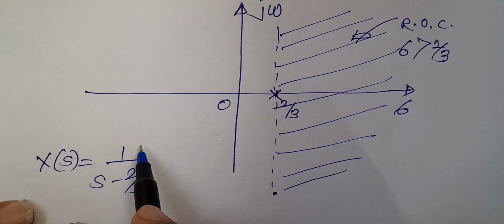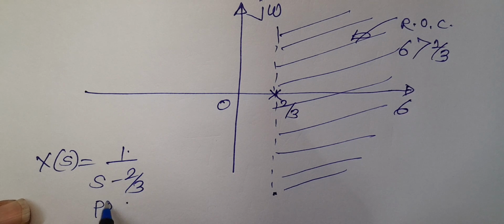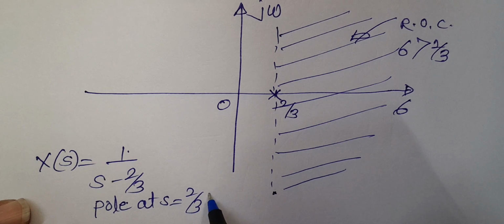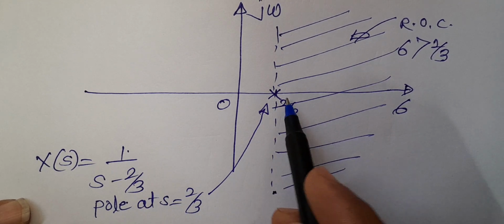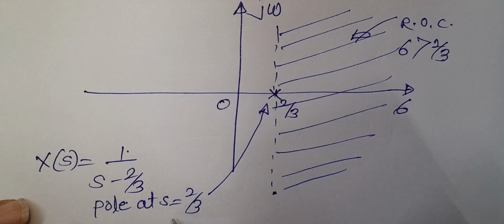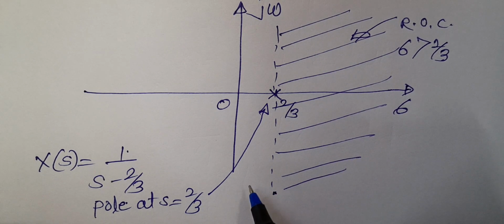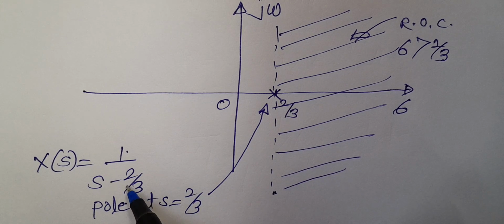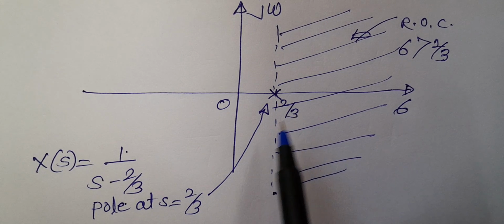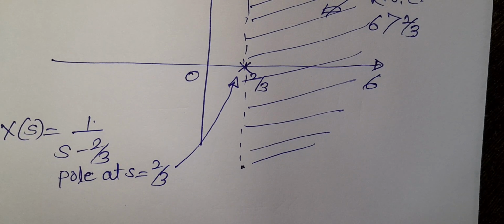So there are no zeros, and the pole is at s equal to 2 by 3. This is the region of convergence, and this is the location of the poles and zeros. As there is no zero, only one pole is there at s equal to 2 by 3. So this is the answer.